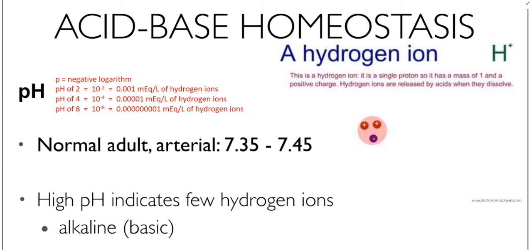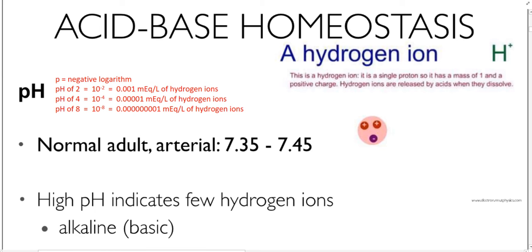If we were to have a pH of 4, then that would mean 10 to the power of negative 4, or 0.0001 milliequivalents per liter. If we were to have a pH of 8, that would mean 10 to the power of negative 8, which is 0.00000001 milliequivalents per liter.